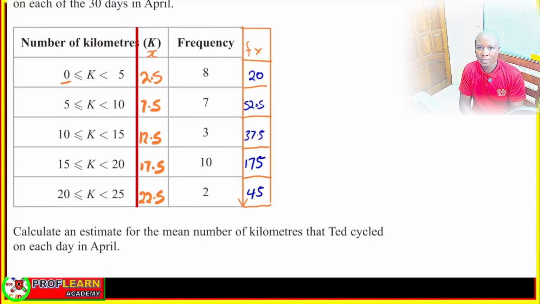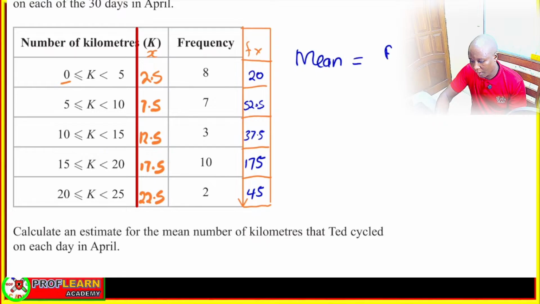So once you have gotten the product of frequency times the midpoint, we're going now to work out, because the question is asking us to find the mean. So we're going to say now mean is going to be the summation of fx divided by the summation of f. We need to find the summation of fx here.